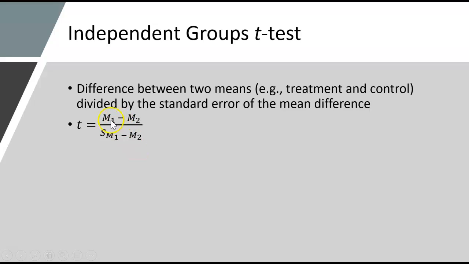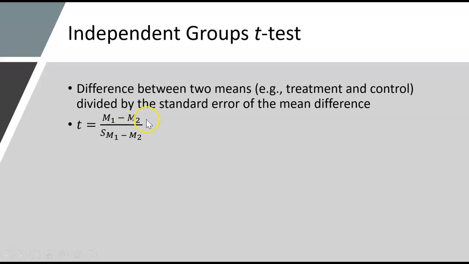For every participant in each of the two groups, you calculate a mean across all of the individuals in that group. So you've got the mean for group 1 and the mean for group 2, and you're going to subtract the mean of group 2 from the mean of group 1.